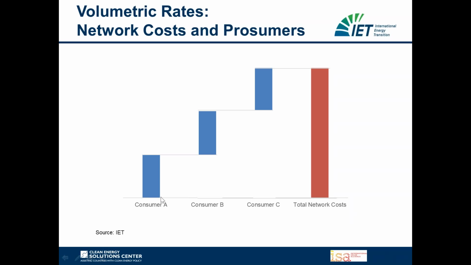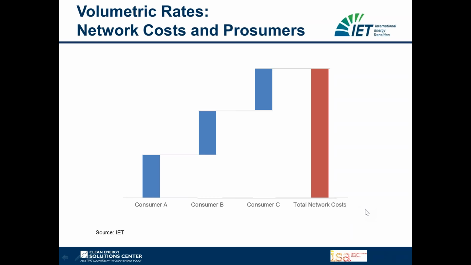We're assuming here a case where all of the electricity price is actually just based on volumetric rates. So they all have the same electricity consumption, and with their volumetric rates, they are also helping to refinance the total fixed network costs.